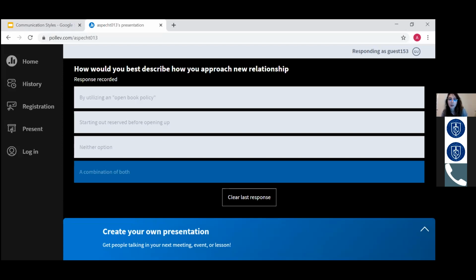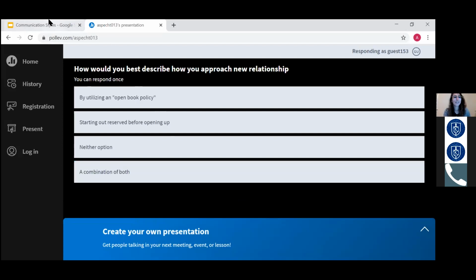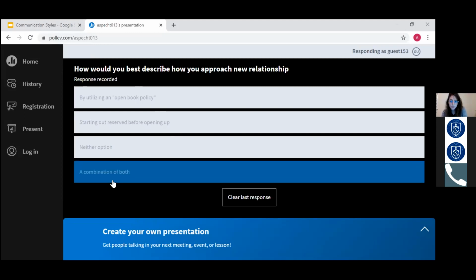My phone. Trying to figure out technology here. I don't think you guys can see it.